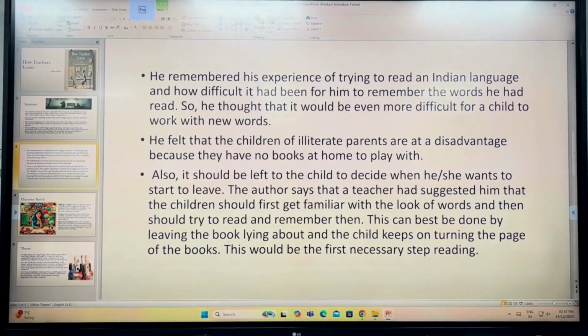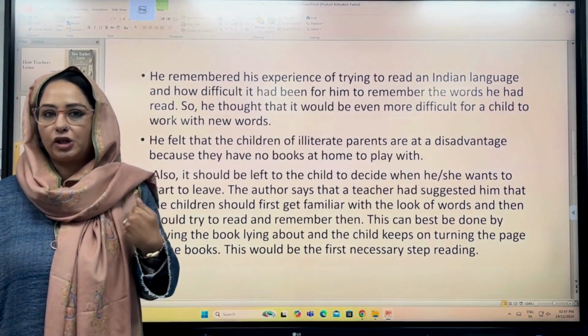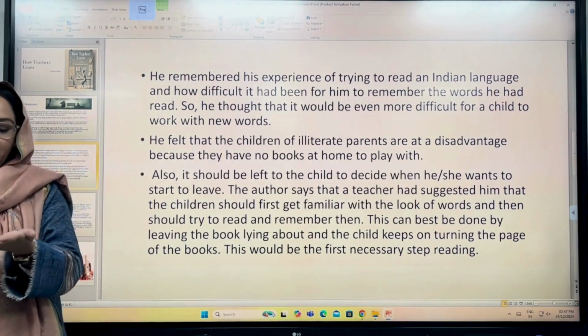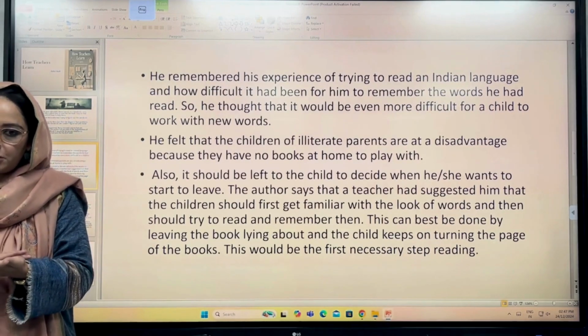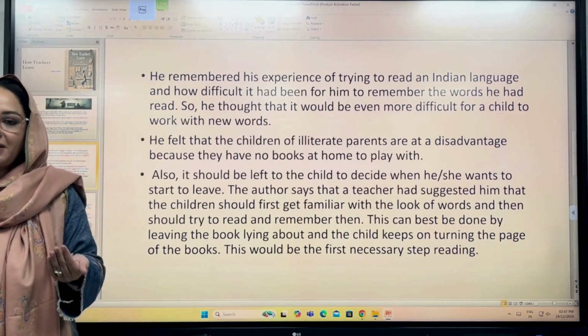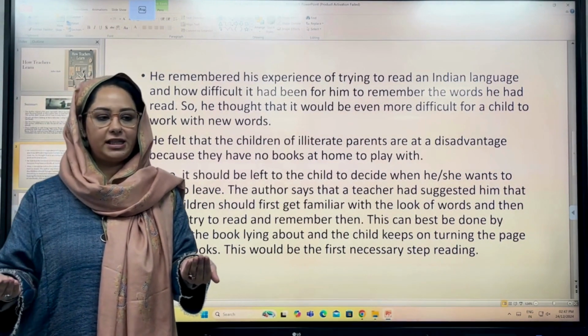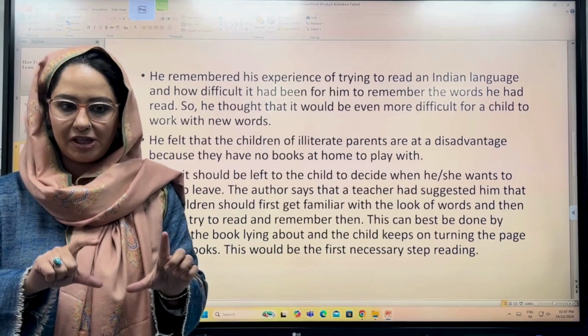The author also talks about himself, that while he was a child, he read certain manuscripts of the Hindi language, and he was not able to read them because he was not used to that language. The same happens with kids. We cannot expect them to read properly on one page and on the next page too.